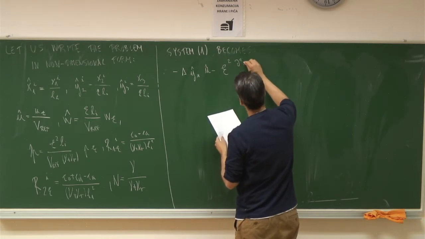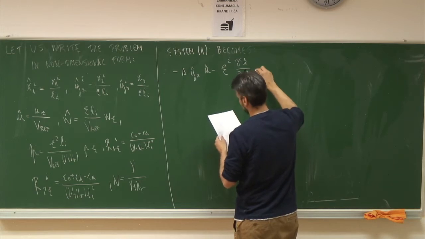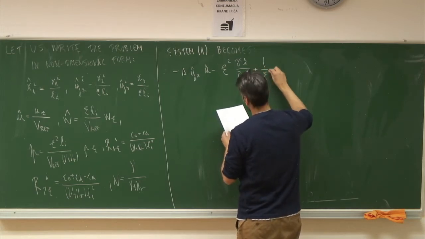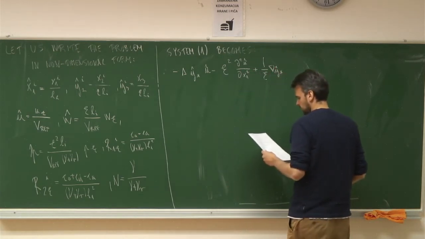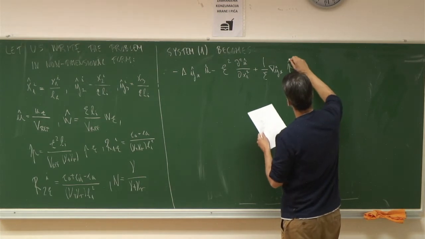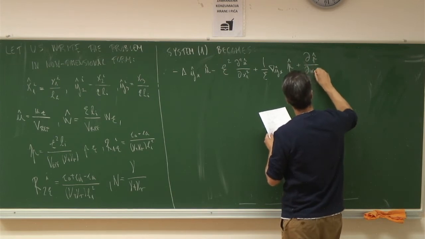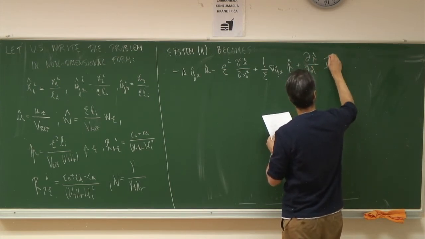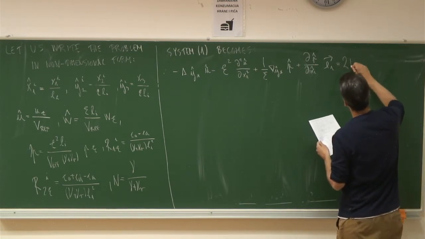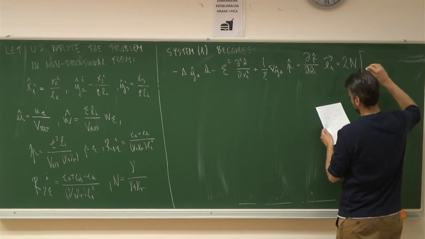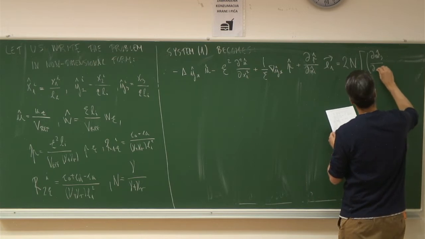So epsilon squared 2 times derivative over x1 plus 1 over epsilon gradient E kappa plus d kappa over x1 kappa E1. Okay, so this is equal to 2n d v3 kappa over dy2 kappa.